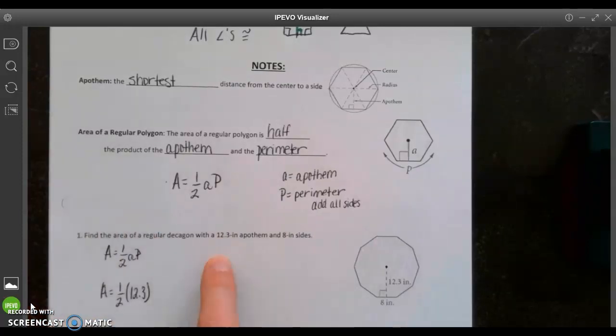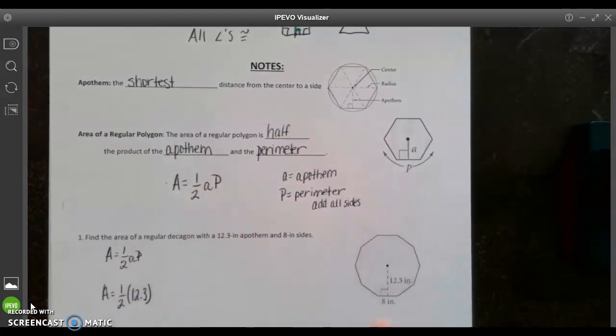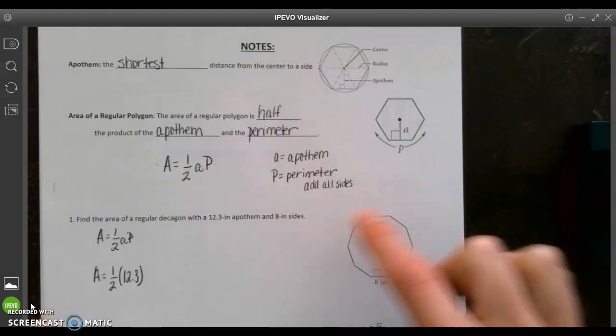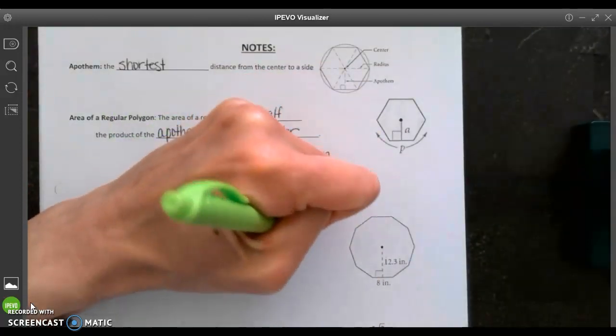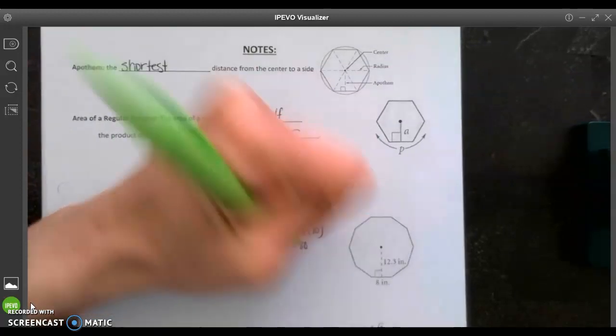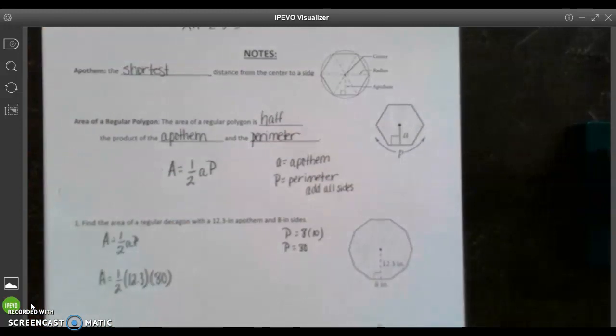And then times the perimeter, I need to add up all these sides. So 8 plus 8 plus 8 plus 8 plus 8. But because every side is going to be the same, and there are 10 of them, I can say that the perimeter is 8 times 10, or 80. So I can put 80 in for the perimeter.